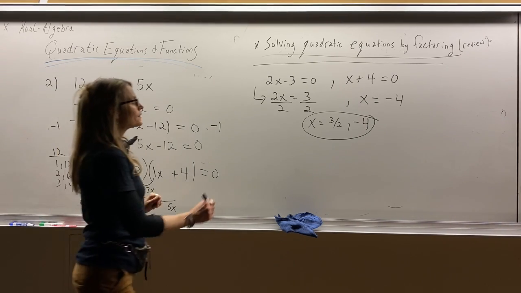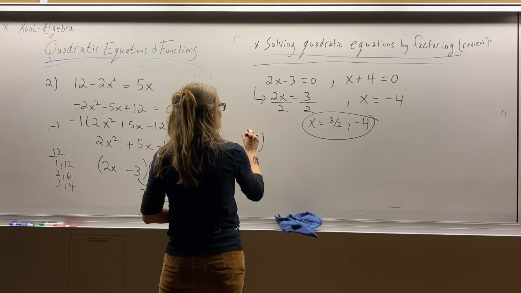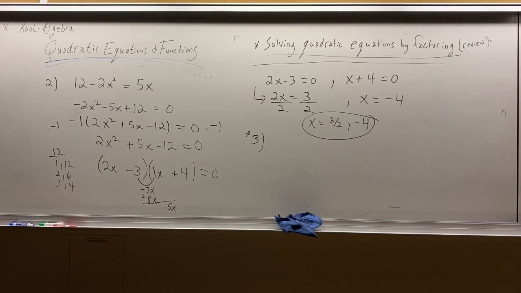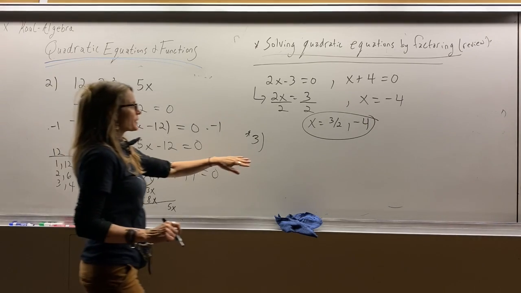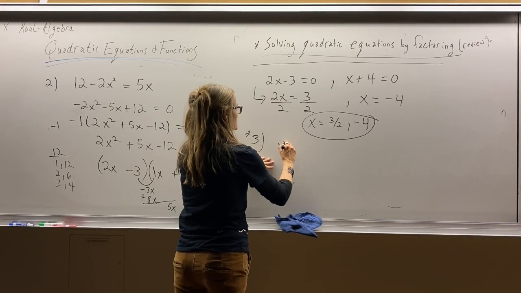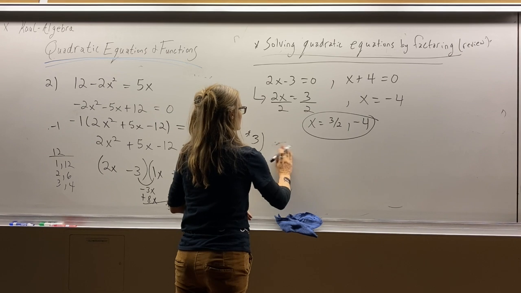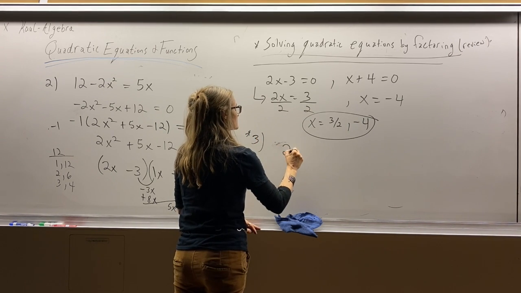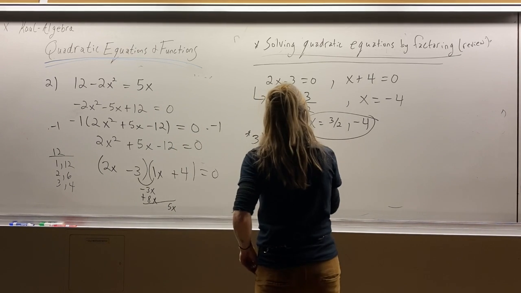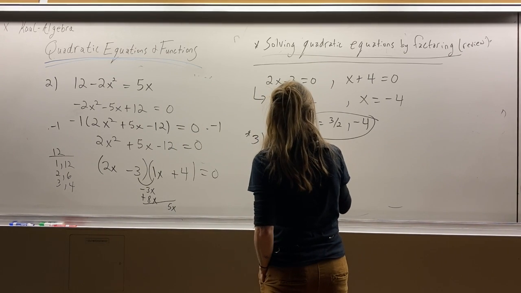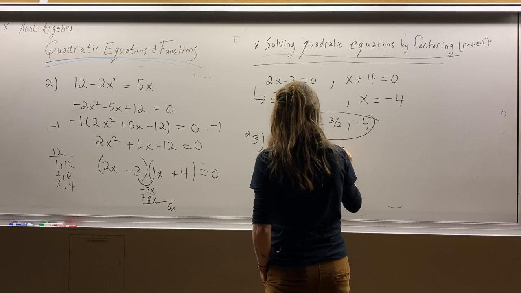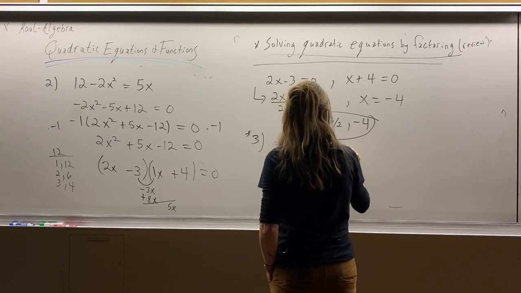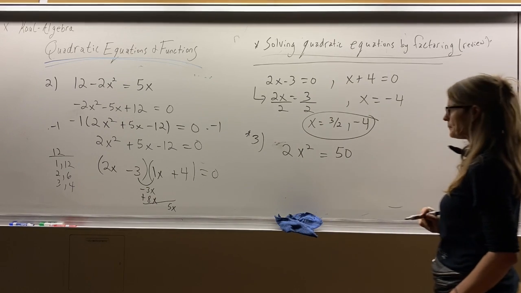Okay, one last one that will be a preview of a really good technique to use in the next section. So let's go ahead and solve something. Let me say I have 2x squared equals 50.